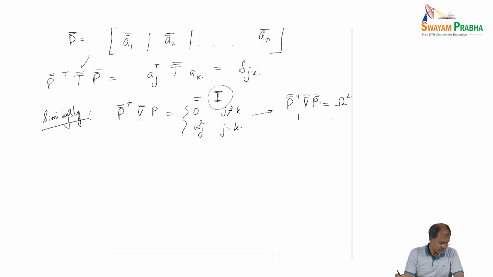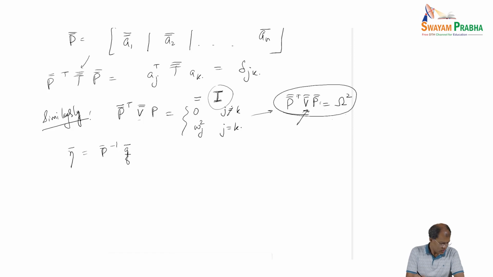And we assume that if we divide by these frequencies omega square, then this is the final result for the potential energy. So eta is P inverse Q, our new coordinates.